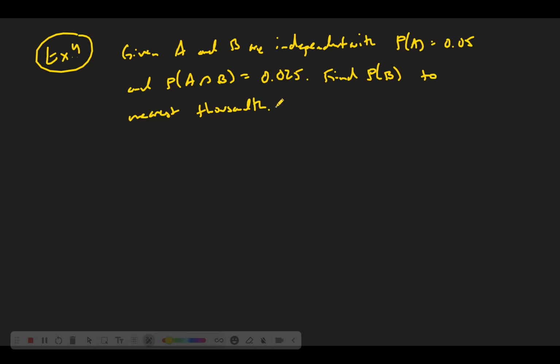Given A and B are independent, with the probability of A equaling 0.05 and the probability of A and B equaling 0.025, find the probability of B to the nearest thousandth.